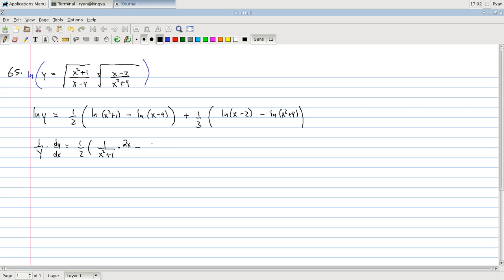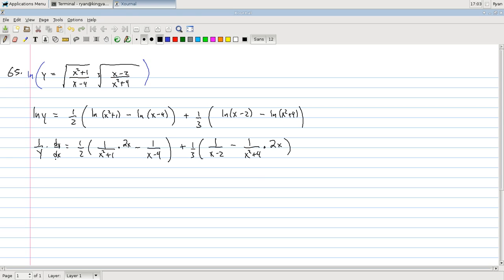The derivative of natural log of x minus 4 is 1 over x minus 4. Applying the chain rule, we would multiply this by 1, so we could just leave that as is. For the second part, the derivative of natural log of x minus 2 is 1 over x minus 2. The derivative of natural log of x squared plus 4 is 1 over x squared plus 4 times, again applying the chain rule, 2x, because that's the derivative of the inside.